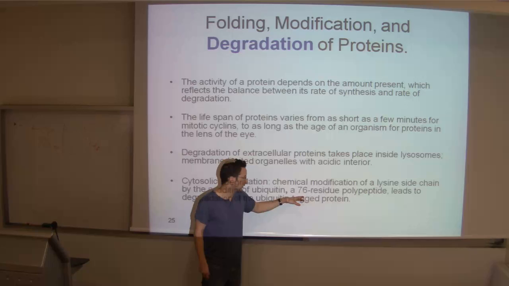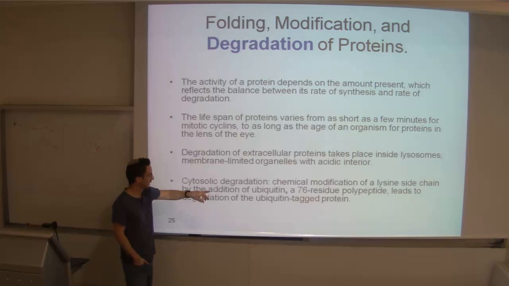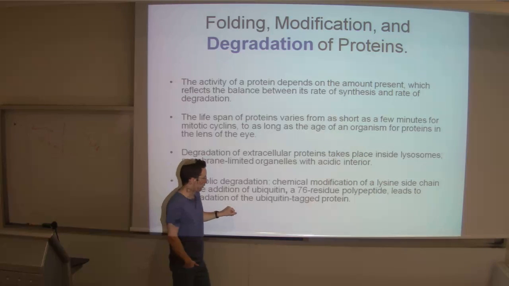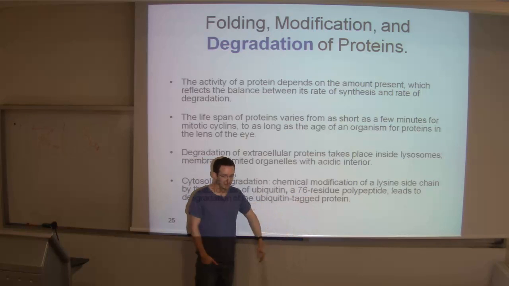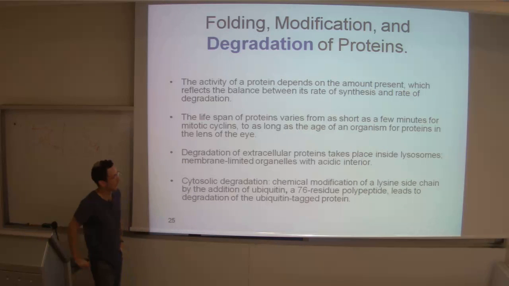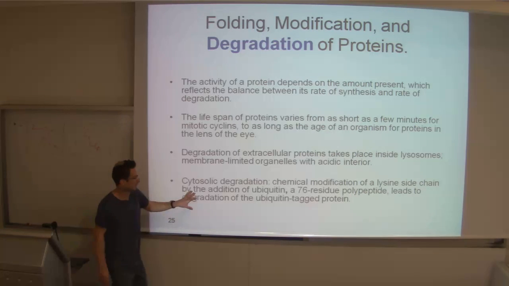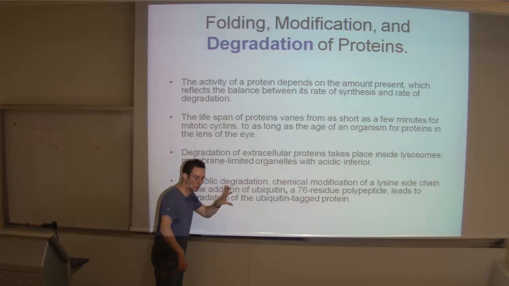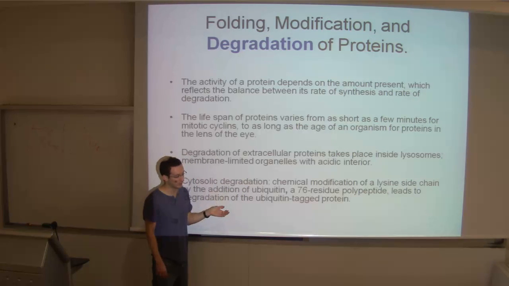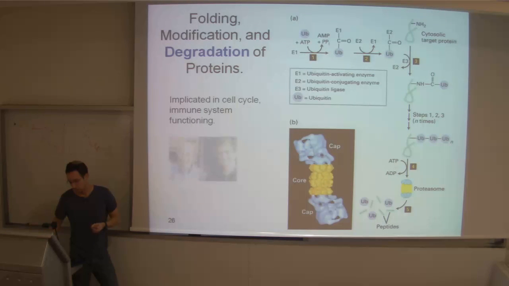This is a 76 residue polypeptide, a small polypeptide, and when you add enough ubiquitin, that leads to degradation of what we call the ubiquitin-tagged protein. The degradation of these proteins occurs in proteasomes, another complex in the cell which we will meet. This process was discovered by two Israeli scientists, Hershko and Ciechanover, who won the Nobel Prize for it.